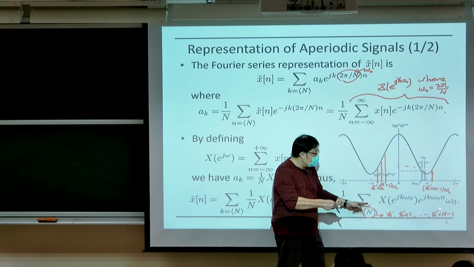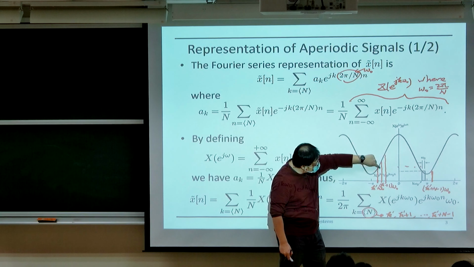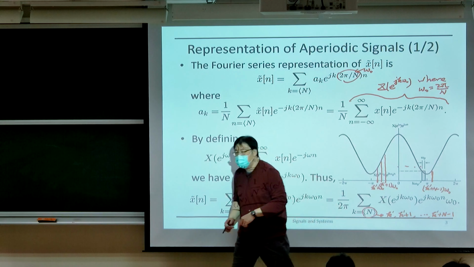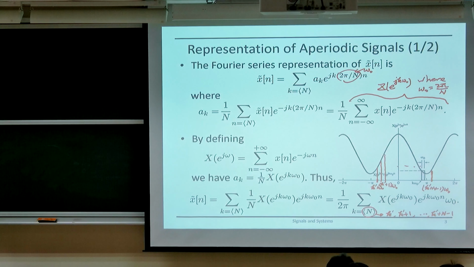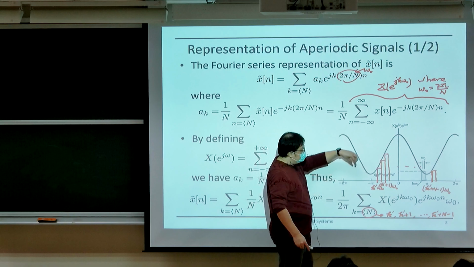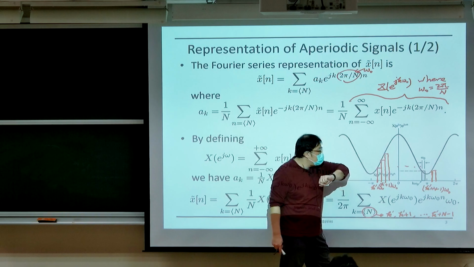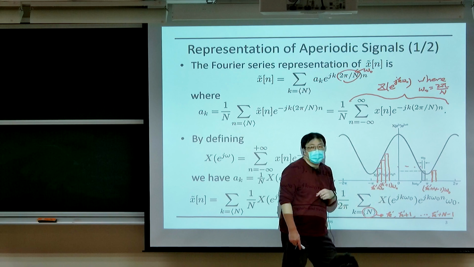So what this computes is the area of the bar from this point to this point. We're summing over the area of this bar plus this bar plus this bar, and so on, up to this bar. So we're summing over these capital N consecutive bars, each one with duration omega naught.